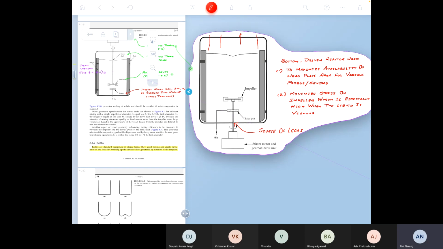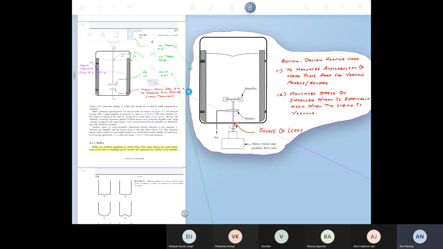Well, if you have so many probes, then the head plate is kind of all used up, or that's where you want to keep your space. And therefore, the stirrer is moved to the bottom to save some space on the top. That's one reason why you want to use the bottom driven system.